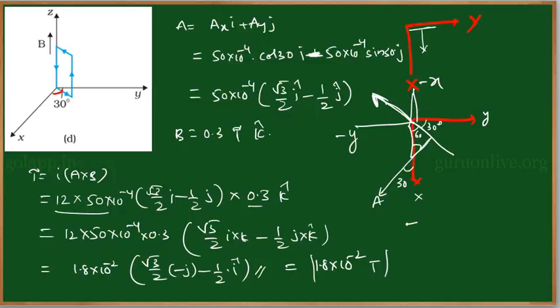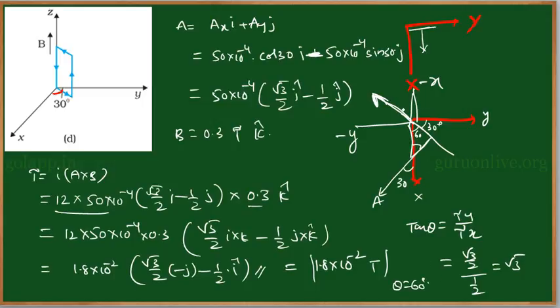And coming to the direction, tan theta is equal to tau y by tau x. So tau y is here root 3 by 2 into, we need to consider this also, but this component also has this value, so those two get cancelled. The remaining thing is root 3 by 2 by 1 by 2, that is equal to root 3. So tan theta is equal to root 3, then theta is equal to 60 degrees.